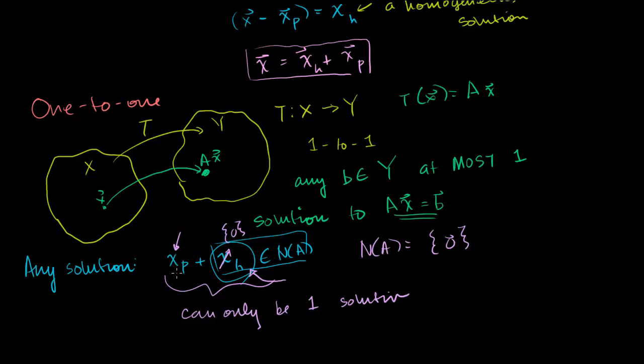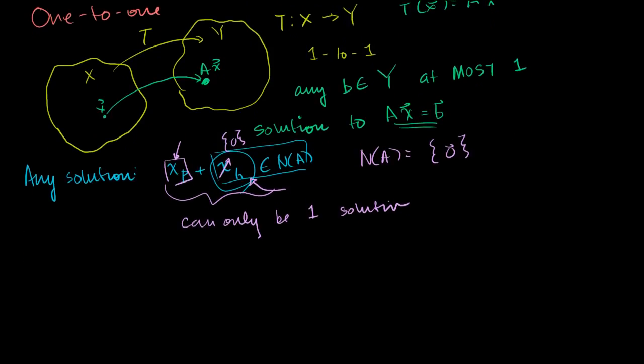So let me put it this way: in order to be one-to-one, the null space of your transformation matrix has to be trivial. It has to contain only the 0 vector.